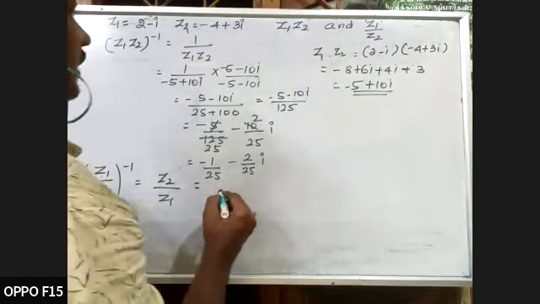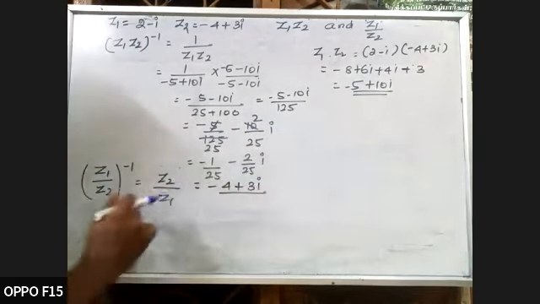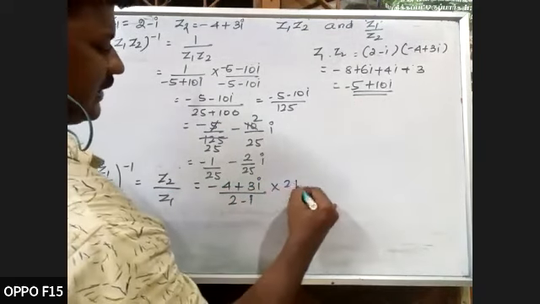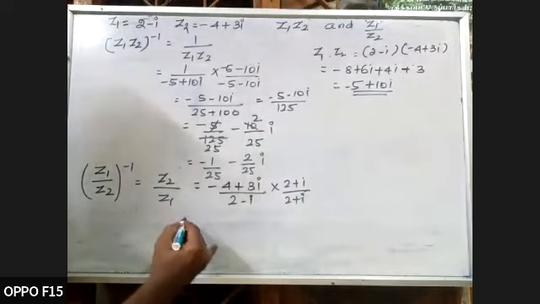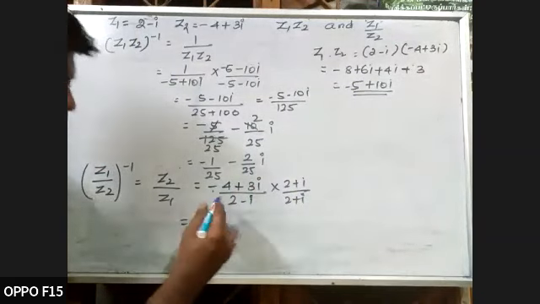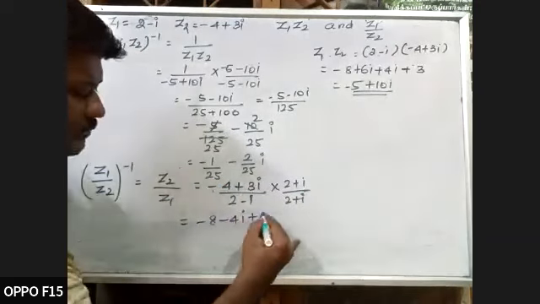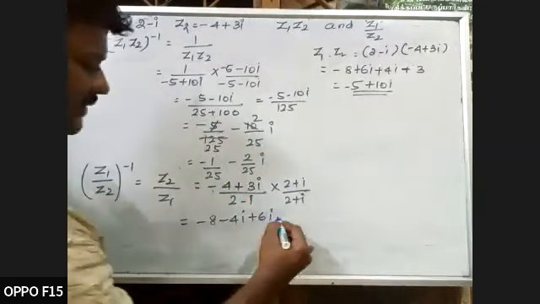which is minus 4 plus 3i divided by Z1. Your Z1 is 2 minus i. So let us take the conjugate of 2 minus i, which is 2 plus i. Therefore, minus 4 into 2 is minus 8, minus 4 into i is minus 4i, 3i into 2 is 6i, 3i into i is 3i square, that is minus 3.